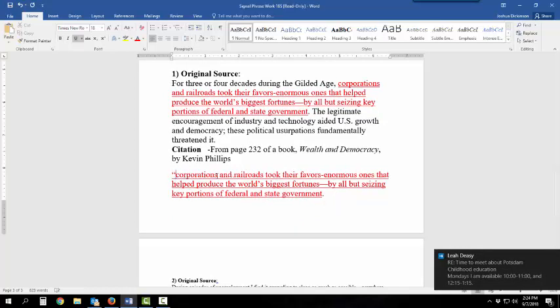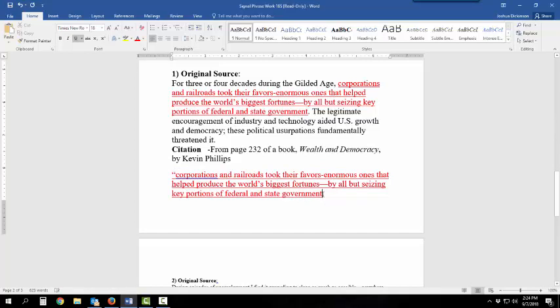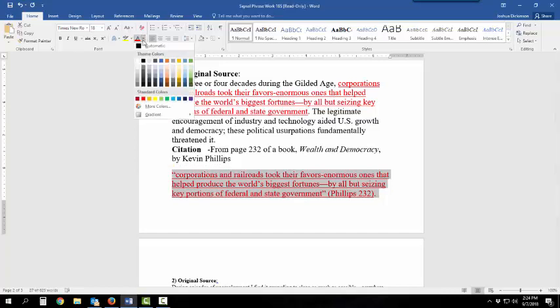There's a quote. So first off, let's quote their words. And I'm going to show you what a lot of people did or do when they do this. There's the citation. I'm told where it came from. There's the quote. I didn't lead into it yet. I didn't say what it meant yet. I'm going to make it not red, and I'm going to make it not underlined.